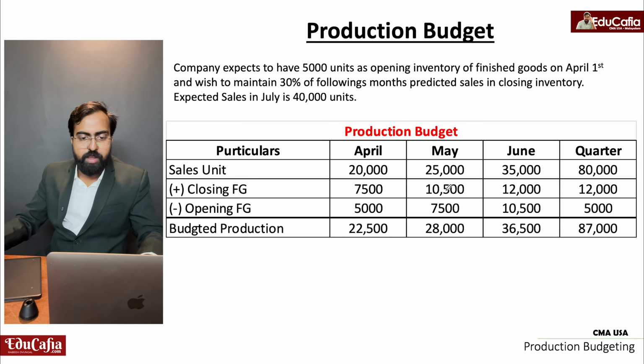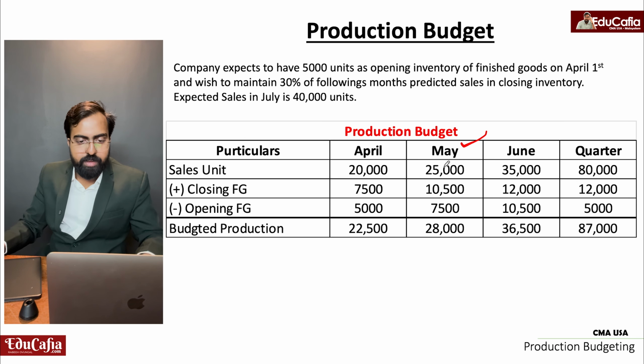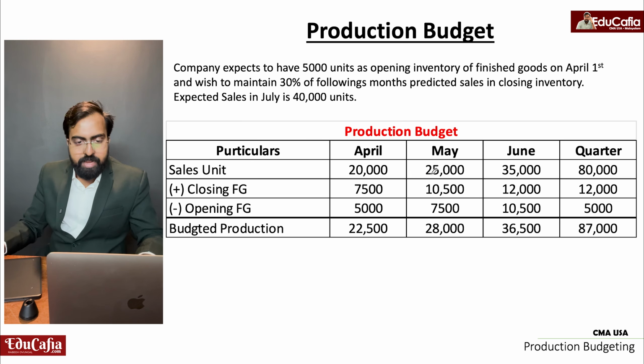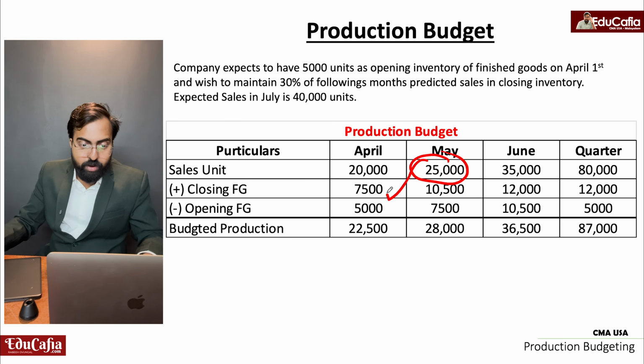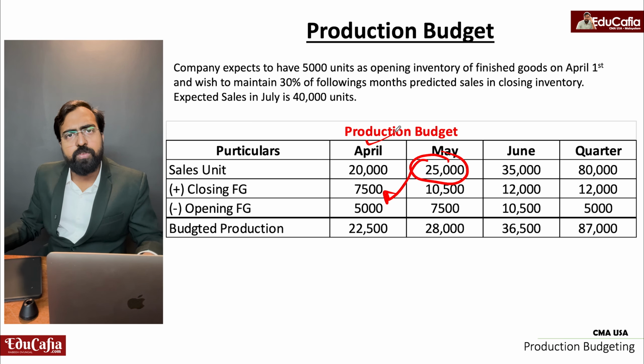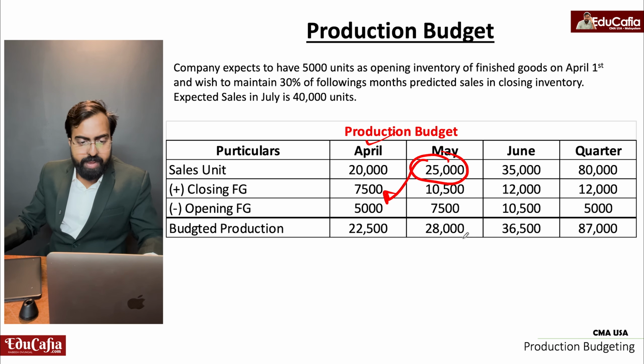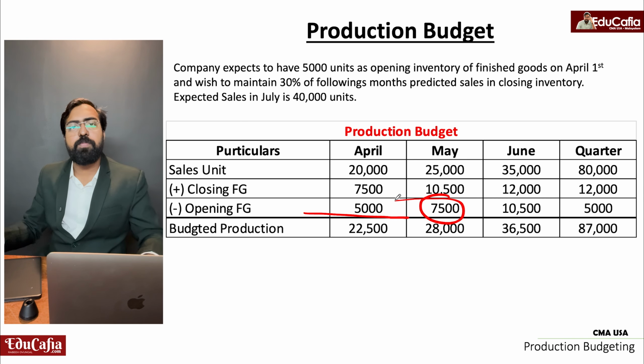Next, May. In May they require 25,000. Of this, 7,500 we already produced in April, so is it needed to produce? No, it is already there as my opening stock of 7,500.